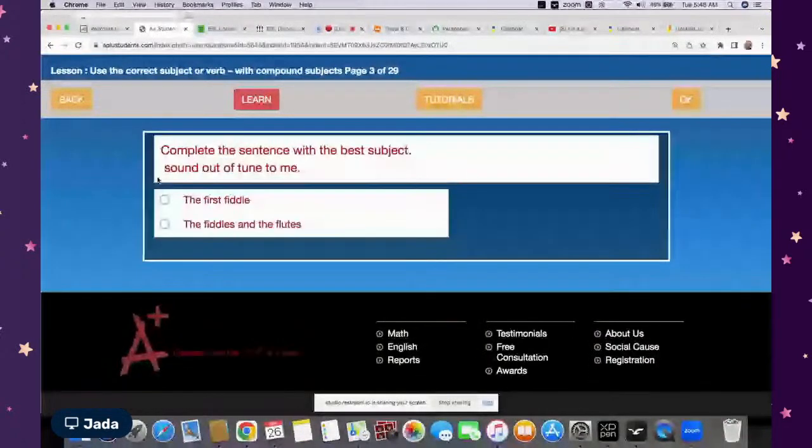Now, this one: "Sound out of tune to me." So what is the right subject? What's going to be the best subject here? "Sound out of tune to me." Sound is what, a plural verb. So what will be the right answer? This is just like the first one that I explained.